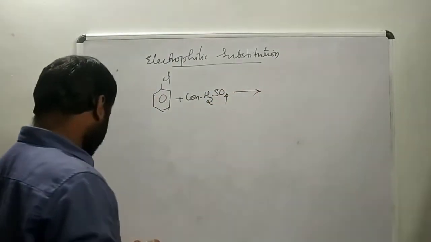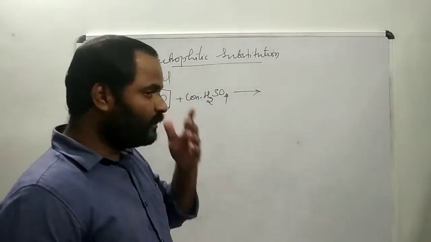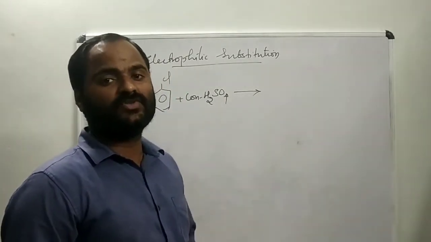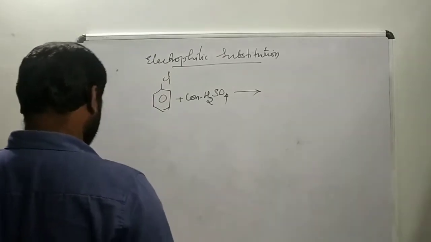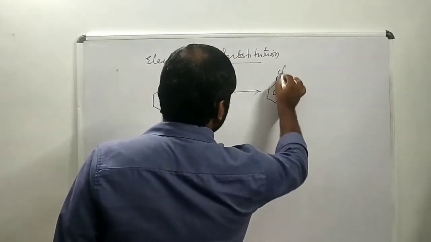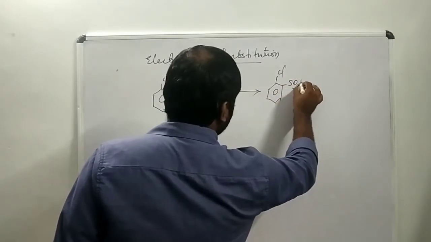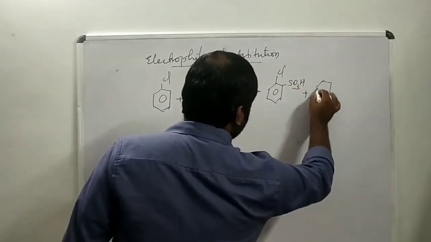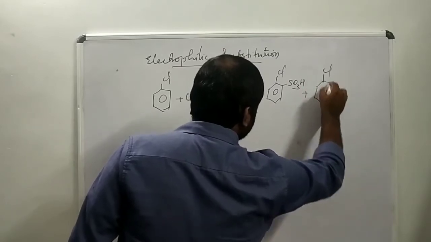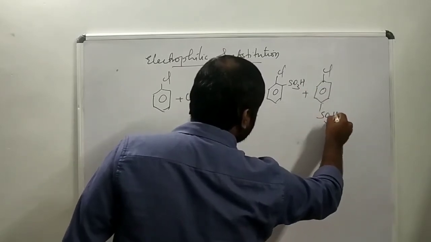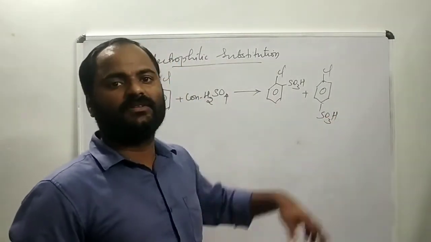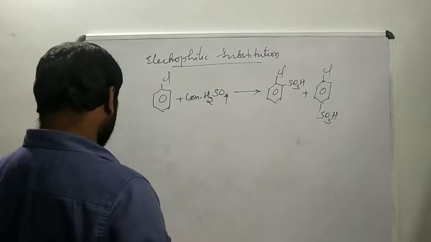We can see that when chlorobenzene reacts with concentrated sulfuric acid, you are getting orthochlorobenzene sulfonic acid. So at the ortho position you are getting SO3H, and at the para position also you are getting an SO3H group there.